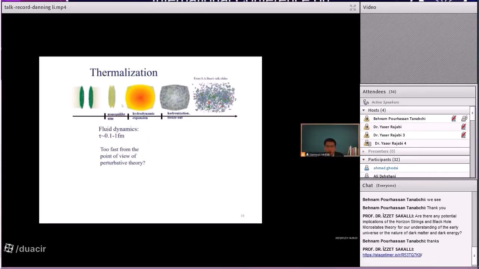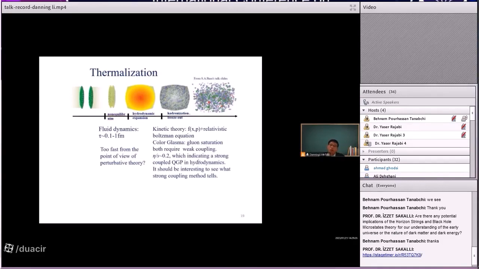Actually, in this stage, one can use kinetic theory or the color glass condensate conjecture to study the physics. However, both of them require weak coupling conditions.